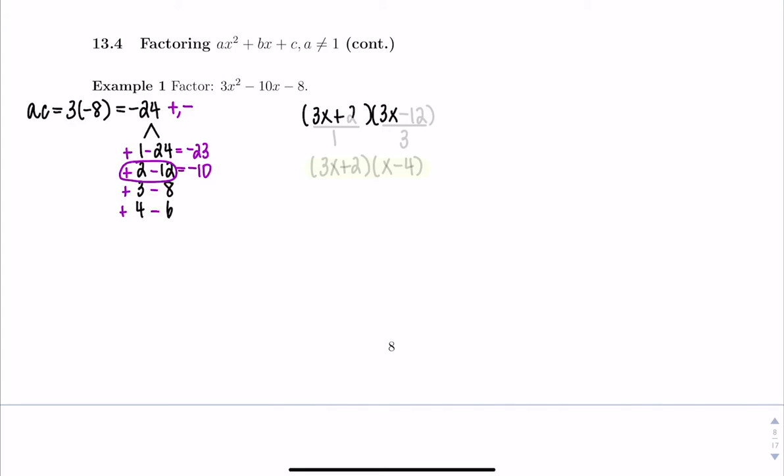We've got +2 and -12. And the last step is to divide out whatever the binomials have in common. So in the first one, they only have a 1 in common, and in the second one, they have a 3 in common. So our final answer is 3x plus 2 and x minus 4.